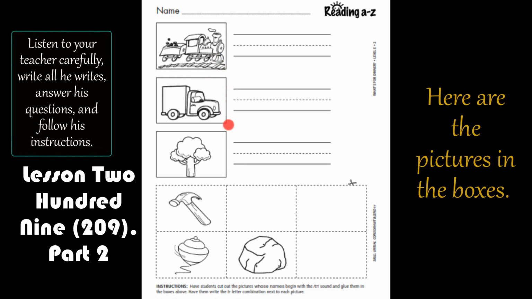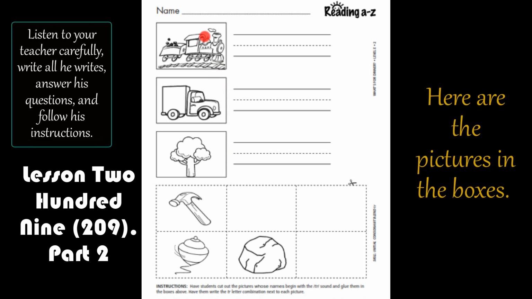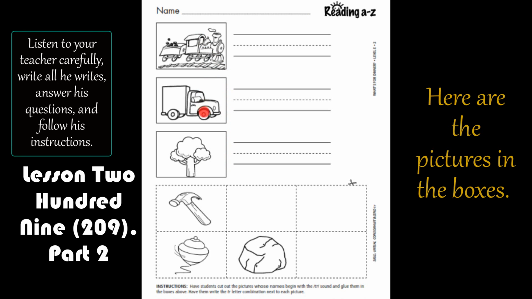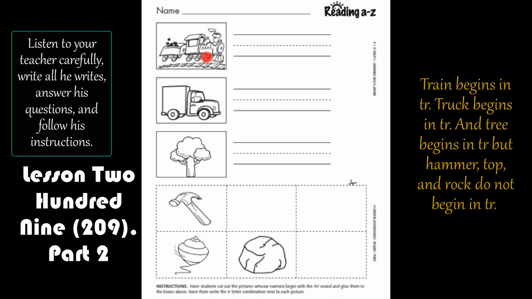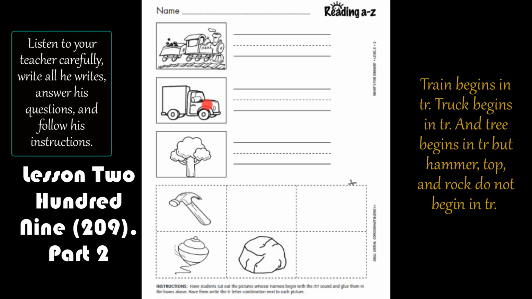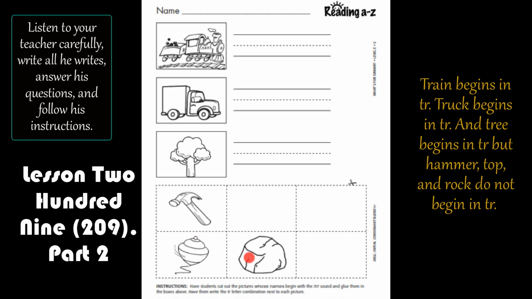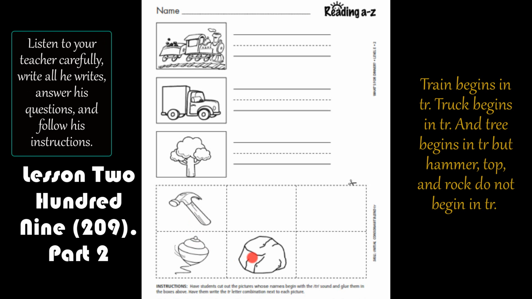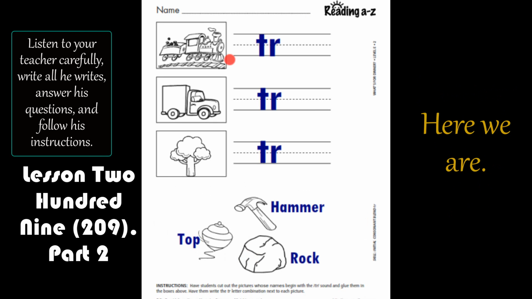Here are the pictures in the boxes. A train, a track, and a tree. Train begins in TR, track begins in TR, and tree begins in TR. But hammer, top, and rock do not begin in TR.